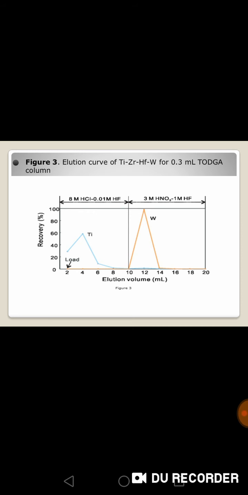All this will be eluted out using first HCl and HF solution, with increasing volume. First, the titanium will be eluted out using HCl and HF, and then by using 3 molar HNO3 and 1 molar HF solution, we can extract all the tungsten from the mixture.